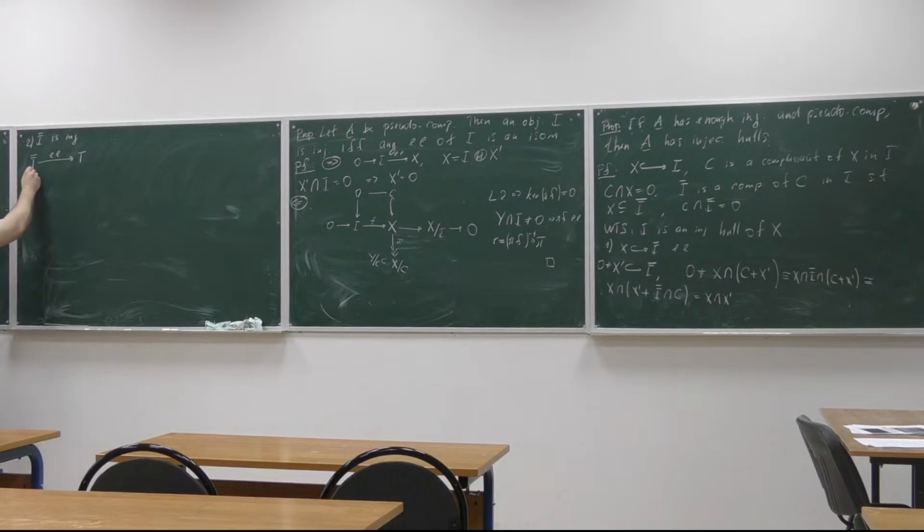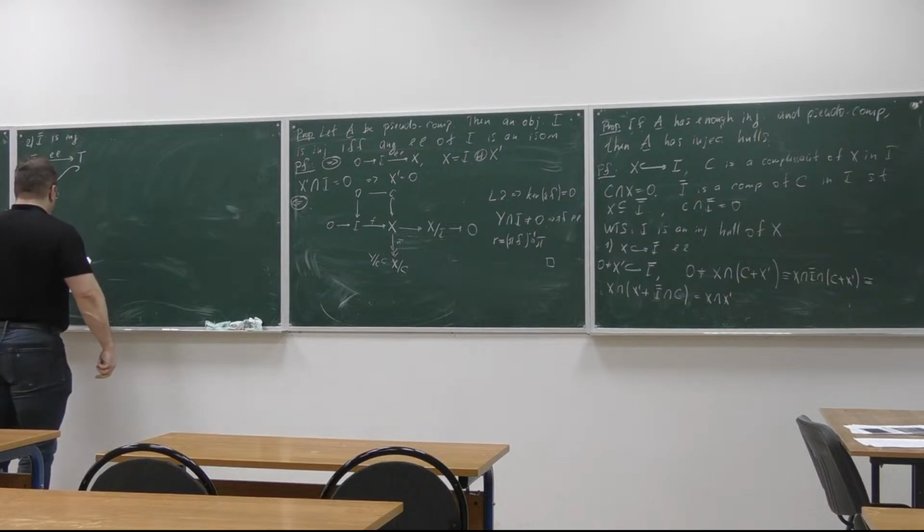Well, I bar is a sub-object of the injective object I by construction. Hence, I can extend this to T, and this still will be an embedding. That was one of the statements that I proved at the end of the last lecture: for essential extensions, you can extend these maps, and if you start with a monomorphism, you still get a monomorphism. Okay.